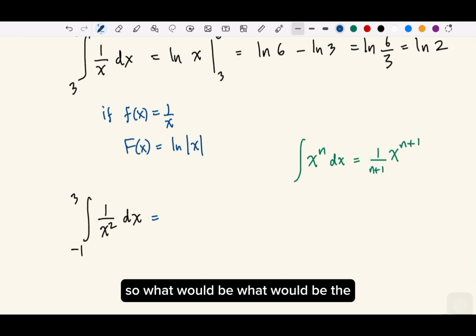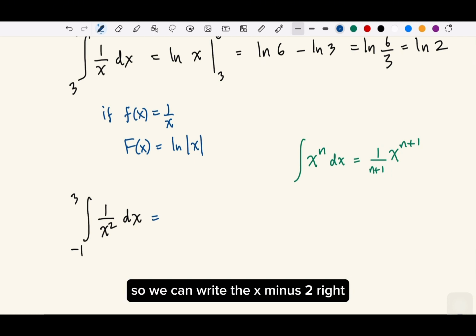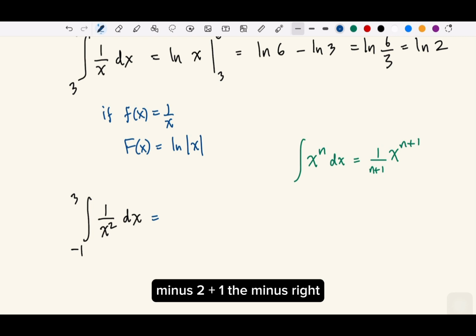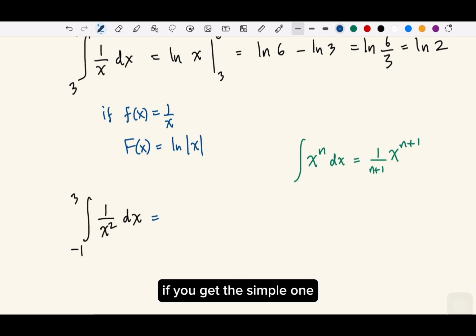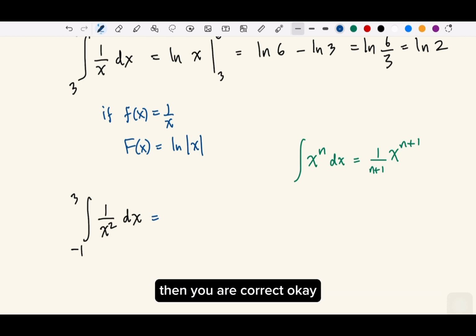So what would be the result? So we can write x to the minus 2, right? And then plus 1 becomes minus 1. So x to the minus 1 over minus 2 plus 1, which is minus 1. So minus x to the minus 1. Every time you do the integration, if it is a simple one, you can always check by deriving again. If it's going back to the original one, then you are correct.